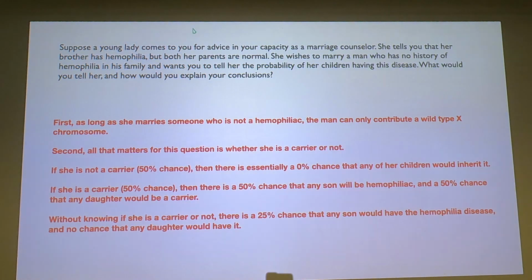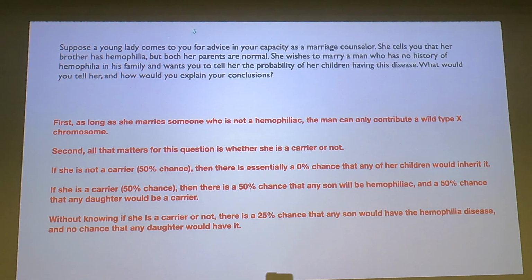As long as she marries someone who's not a hemophiliac, the man is only going to contribute a wild type X chromosome, so that can cover up some problems. Second, all that matters is whether she is a carrier or not. As I said, there's tests that you can take to try and evaluate that. So there's a few things out there. I usually don't hear about them being used much.